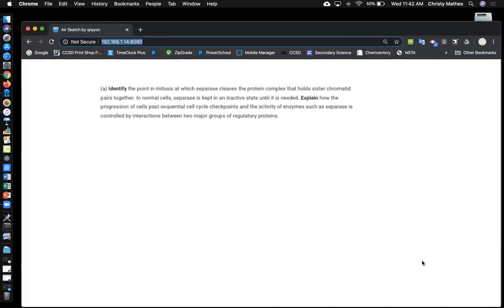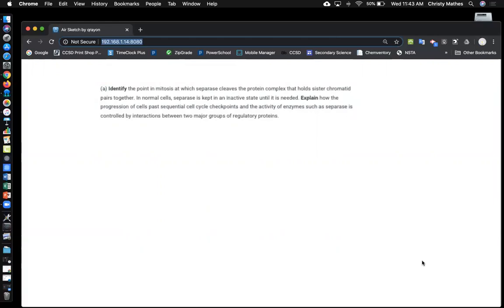So in my mind, I am saying to myself, this is going to have something to do with mitosis. So I need to identify where that point in mitosis is going to occur. So when do those sister chromatids get pulled apart? And then the second part to this is to explain how the progression of cells past sequential cell cycle checkpoints and the activities of enzymes such as separase is controlled by regulatory proteins.